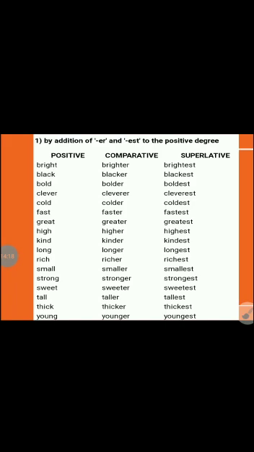So here are some rules we are going to discuss. How to make the different forms of any particular word that is in positive degree. So there are certain rules that we have to follow. And I hope all of you have heard and read about them.